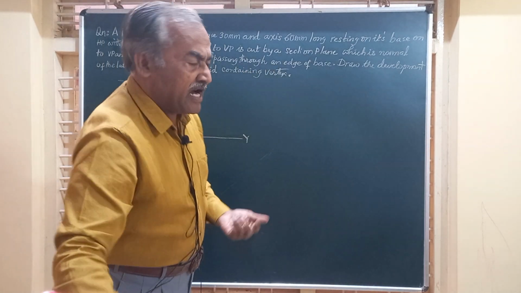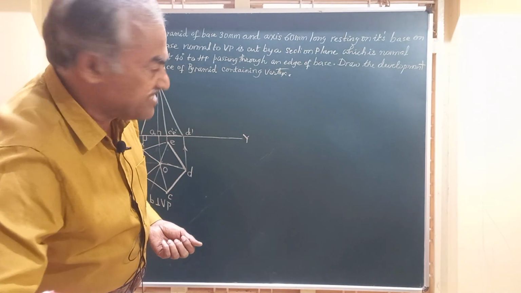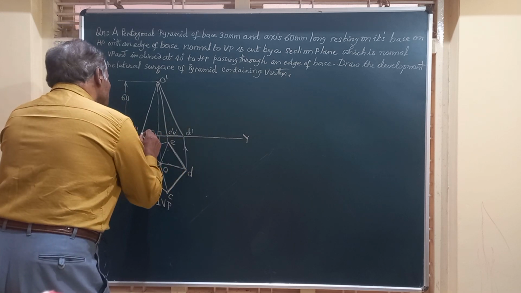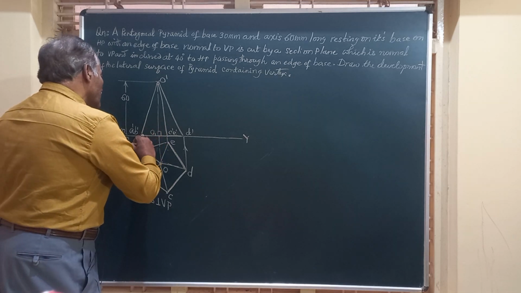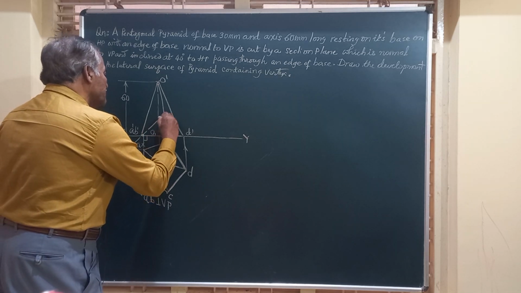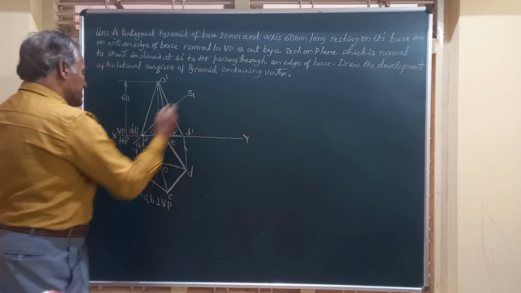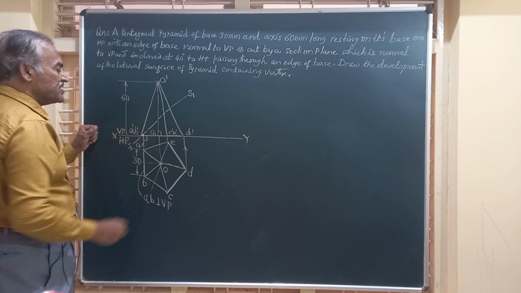So I am going to draw the section plane, a line inclined at 40 degrees passing through one of the base edges, A dash B dash. I will call this section plane S1, and it is cutting the solid into two pieces.